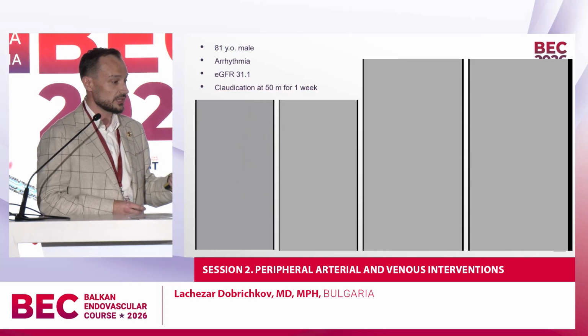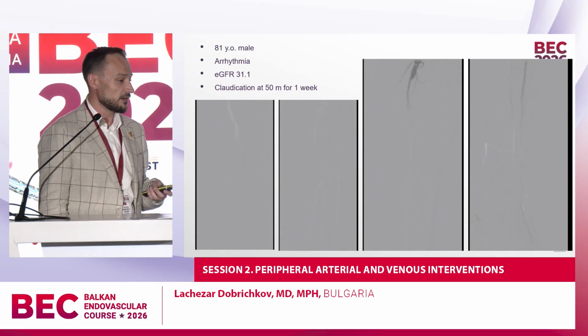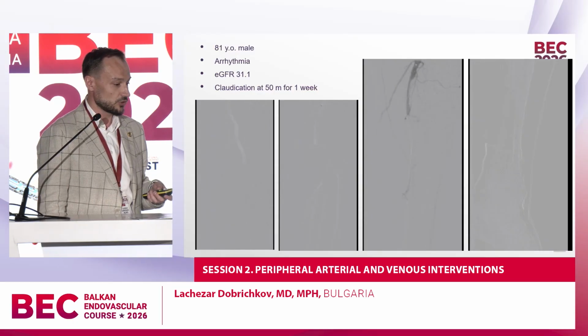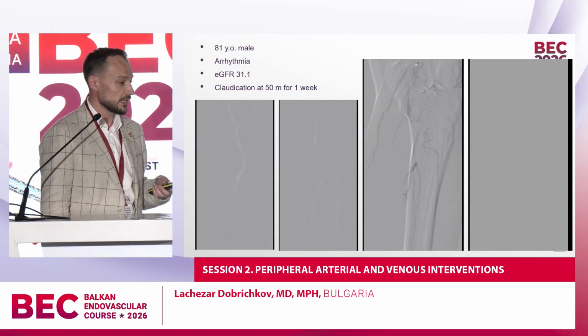So let's start with one of the cases: an 81-year-old male with an incidence of arrhythmia, kidney disease, and short claudication for a short time. You can see the initial angio with CO2 and contrast.